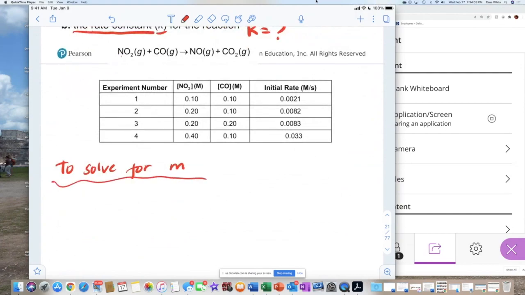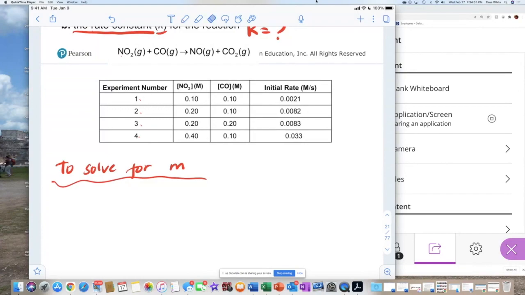To solve for M, you're going to be using the rate law, right? You will write the rate law for each experiment. Here we have 4 experiments, 1, 2, 3, 4. You will pick 2 out of the 4 experiments that meet a certain criteria, then write a rate law for them and work things out. First, I need to write a mock rate law.